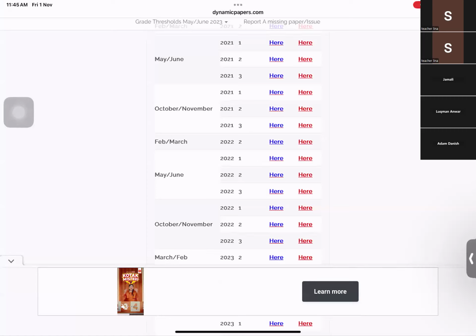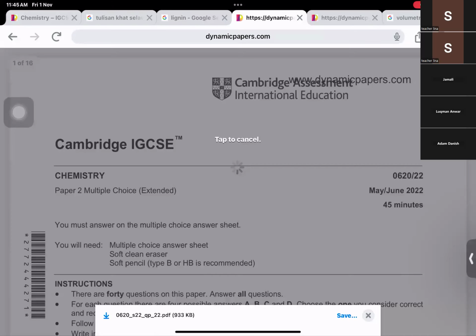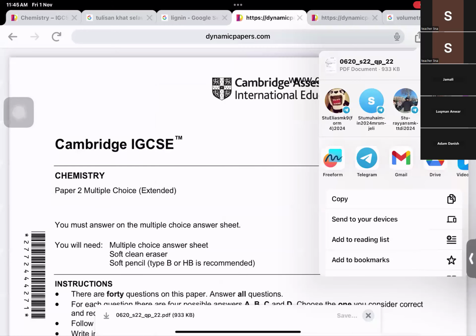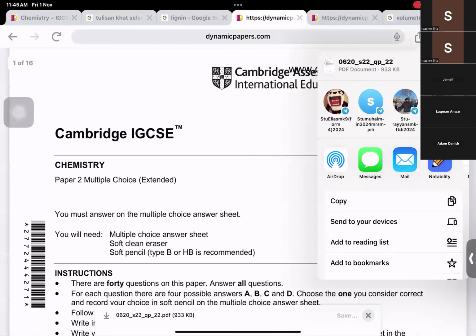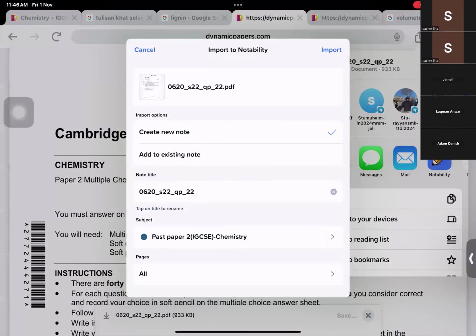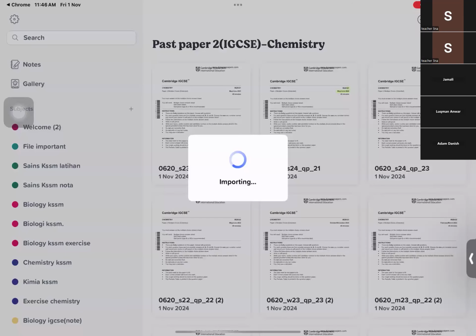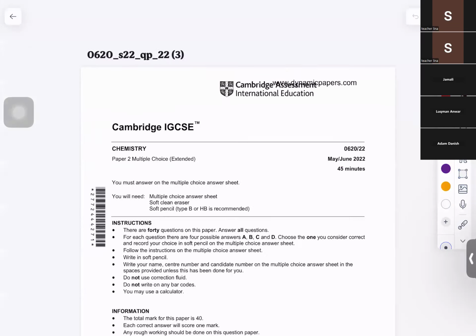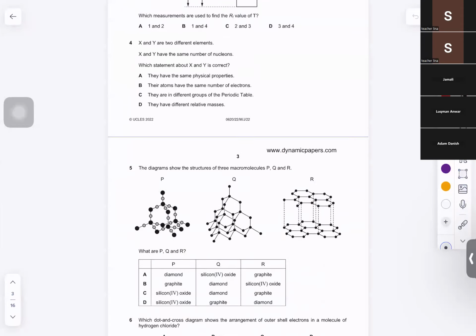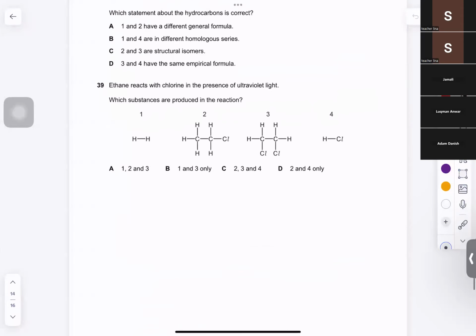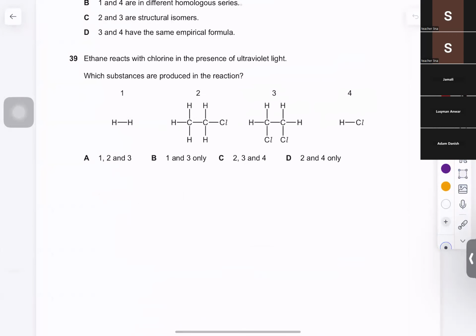May June 2022, variant 2, 39. Okay, this one. Is it this question?